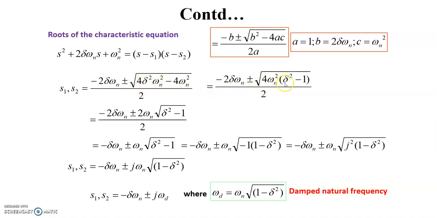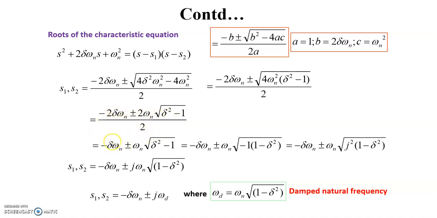So 4 omega n square into zeta square minus 1, divided by 2. Okay, so taking the root for this one, 2 omega n. So that minus 2 zeta omega n plus or minus 2 omega n root of zeta square minus 1, by 2.